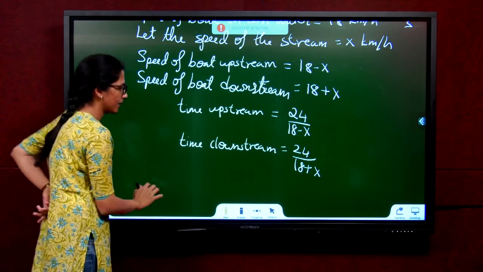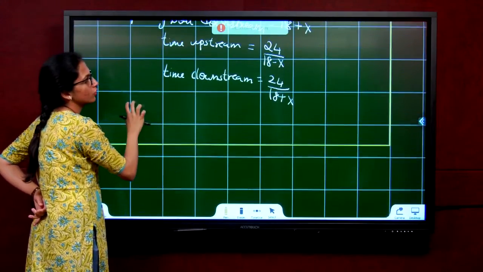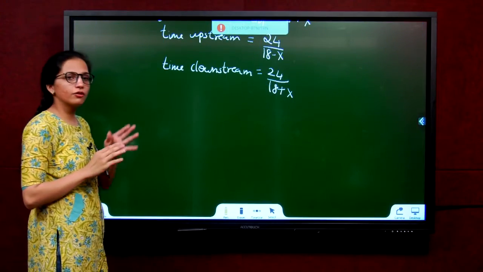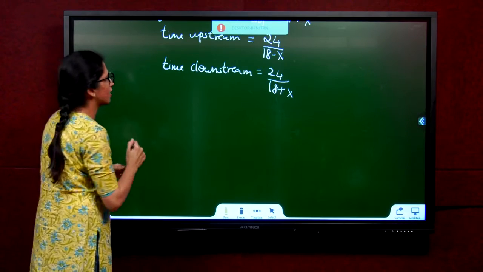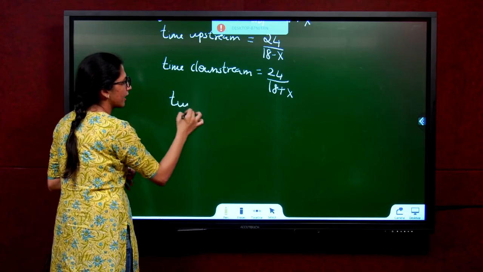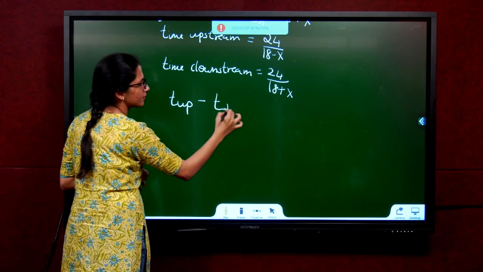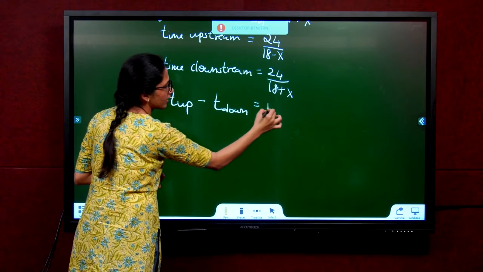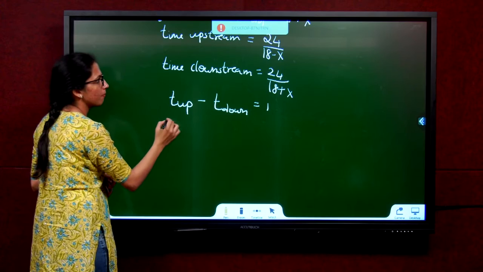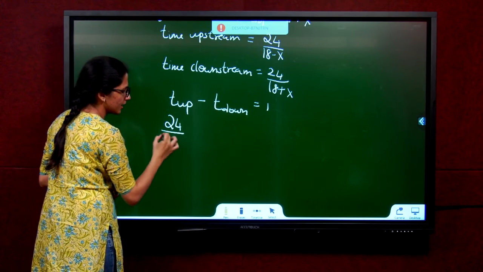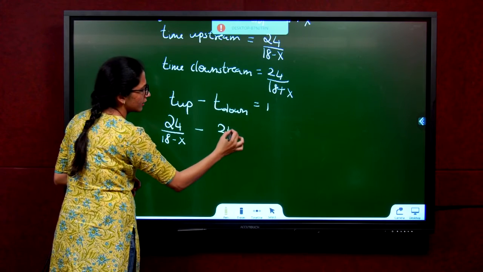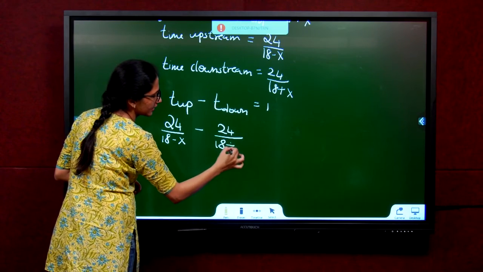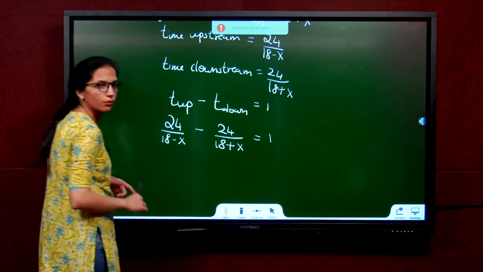They are telling you the time taken to go upstream and the time taken to go downstream, the difference is 1 hour. So I can say time up minus time down is 1 hour. What is time up? 24 by 18 minus x minus 24 by 18 plus x is equal to 1.